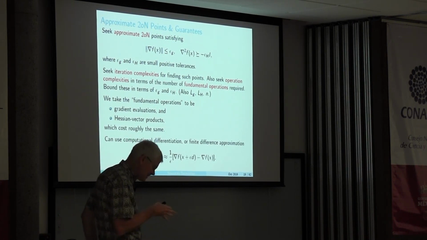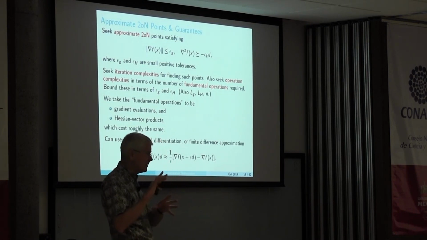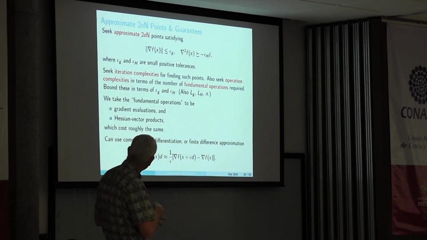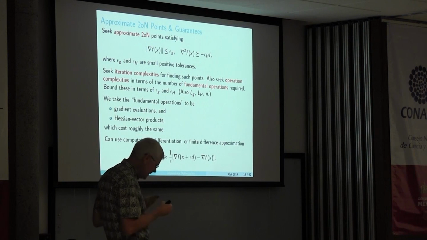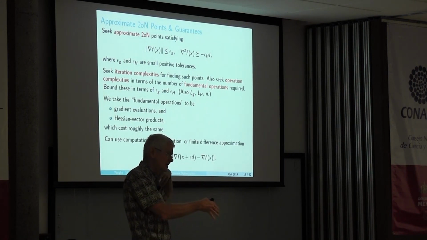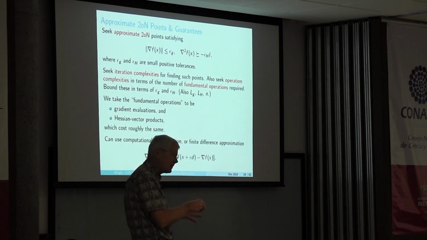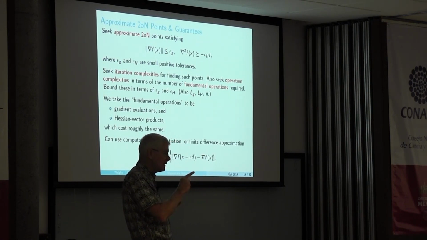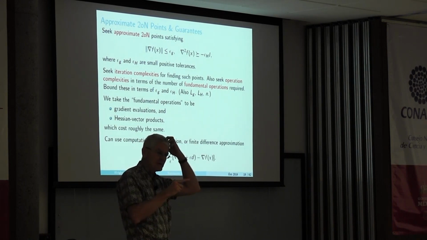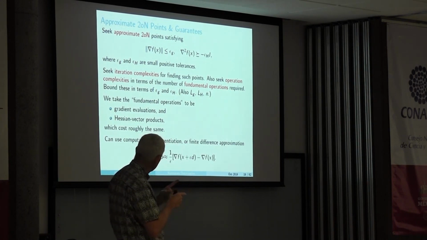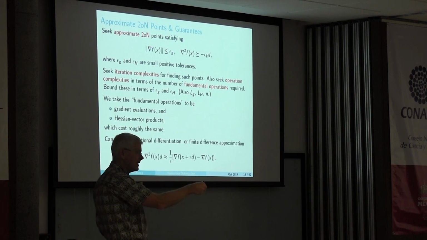And there are different ways to measure the complexity. One is to look at the number of iterations it takes to satisfy these bounds. But the other thing you can do is to look at how much work you need to do. And the reason that's important is that for different algorithms, the cost of doing one iteration can be very different. Some algorithms like steepest descent, it's very cheap. You just have to evaluate a gradient.